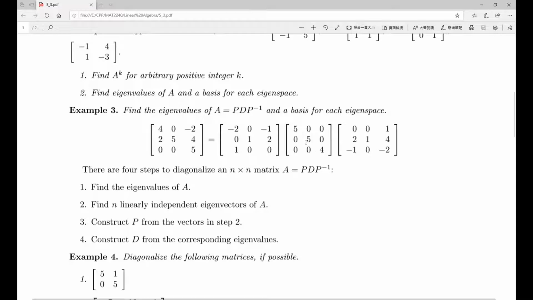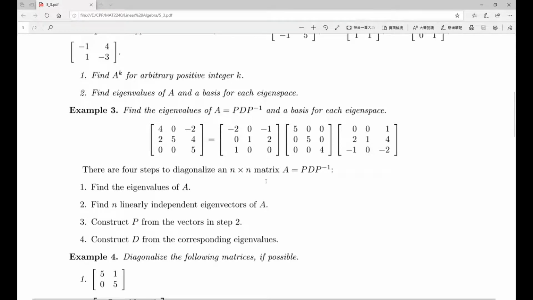So the diagonal entries of D are 5, 5, and 4. So 5 and 4 are your eigenvalues, and the eigenvectors will just be your columns, right? (-2, 0, 1), (0, 1, 0), (-1, 2, 0). Right? So pretty easy, nothing too tricky.